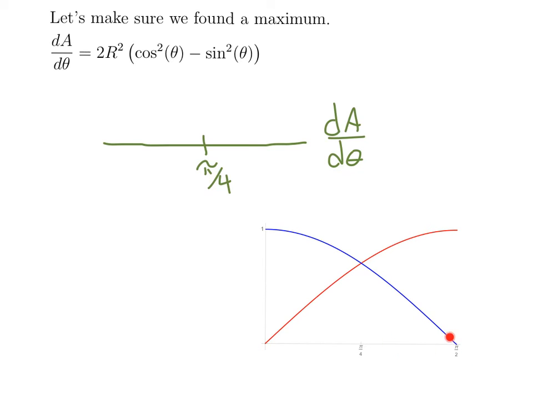If theta is bigger than pi fourths, then sine is bigger than cosine, and so all told, our derivative is going to be negative. Similarly, if theta is less than pi fourths, cosine is bigger than sine, and so our derivative is going to be positive. That means that we really did find a maximum value.